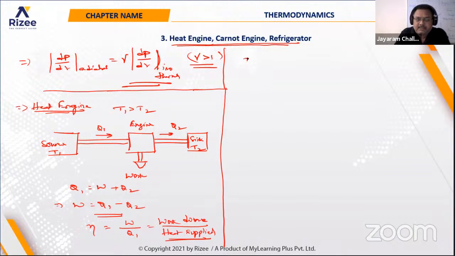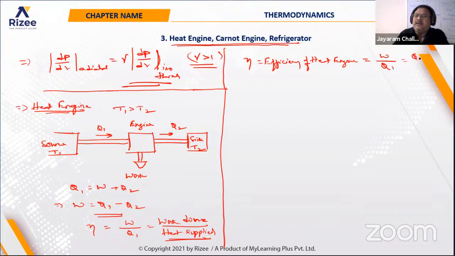So the eta is called the coefficient of efficiency of the heat engines. The efficiency of a heat engine is equal to work done by heat supplied, that is Q1.